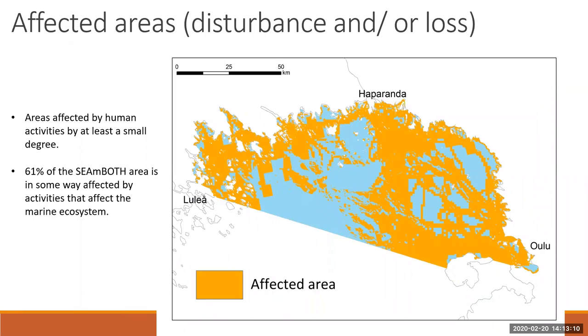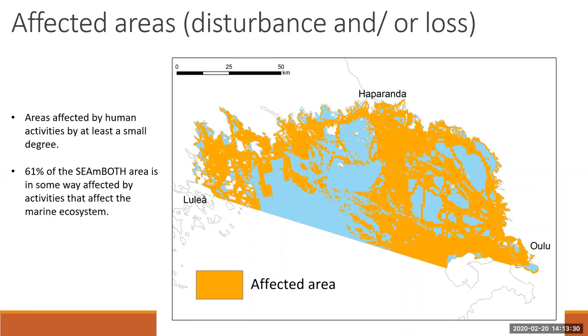And my last slide, here is a simple calculation of all the areas that are affected, at least to a small degree, by human activities. So that is roughly 60%.